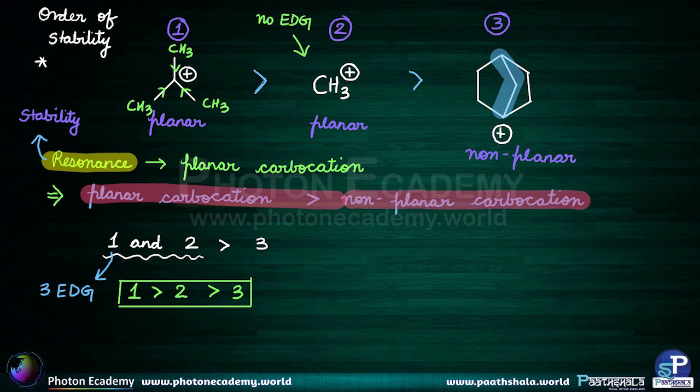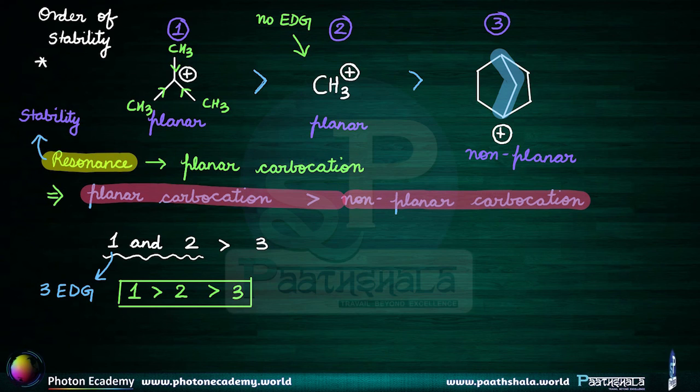We are left with first and second, and we have already discussed that a 3-degree carbocation is more stable than a 2-degree carbocation, more stable than 1 degree, and more stable than a carbocation which has no electron donating groups. Since the first has 3 electron donating groups, it becomes more stable than the second one, which in turn becomes more stable than the third one. So this was the answer to the question.